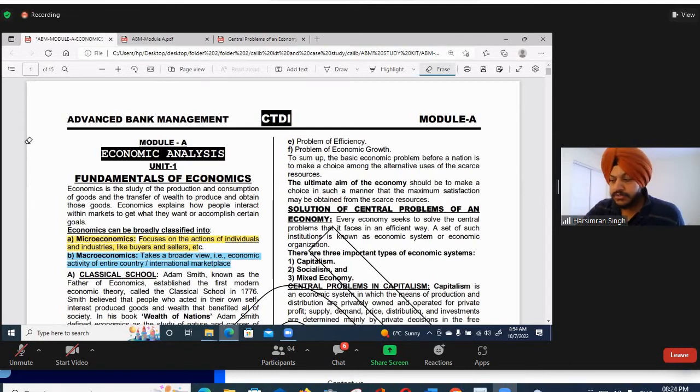A house which was worth $8 lakh, now $8 lakh is not a small amount, during COVID went on to $14 lakh.